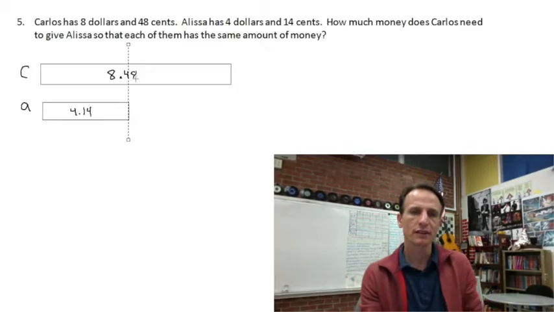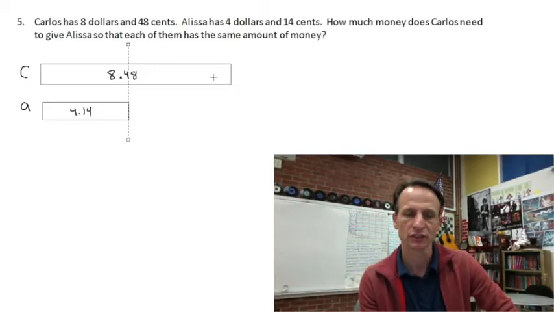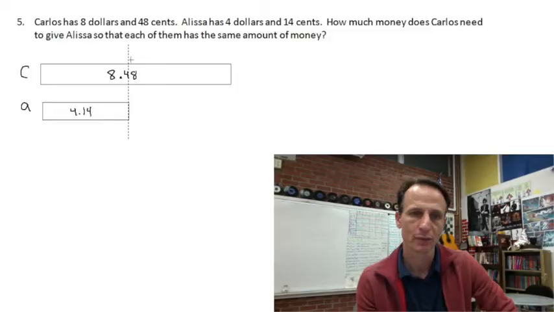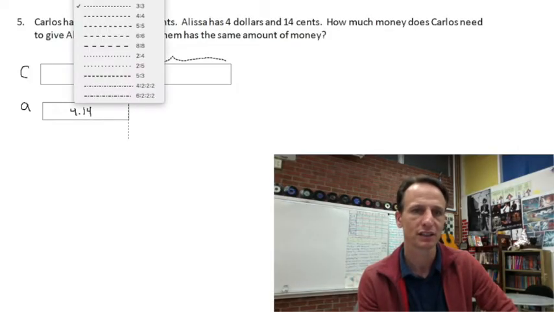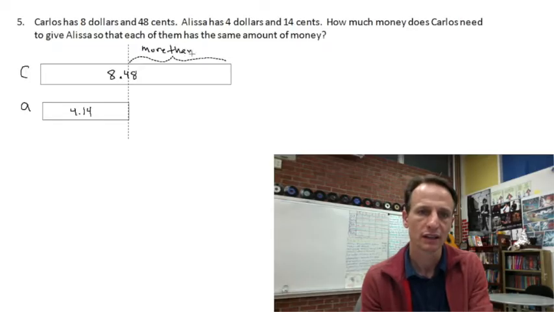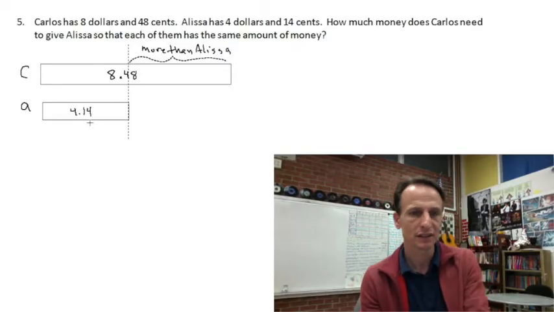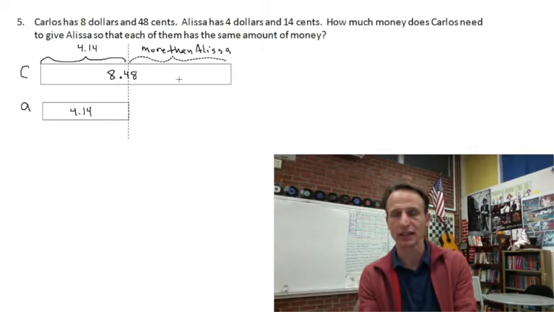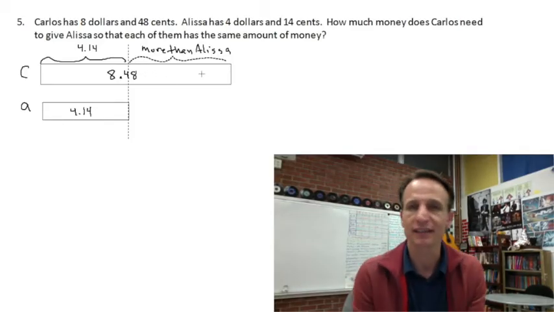So this is how much more Carlos has than Alyssa. Okay? And so this part here for Carlos is the same as Alyssa. This is 414 according to our tape diagram. So this amount here, we'll call it X, that's how much more he has than Alyssa.